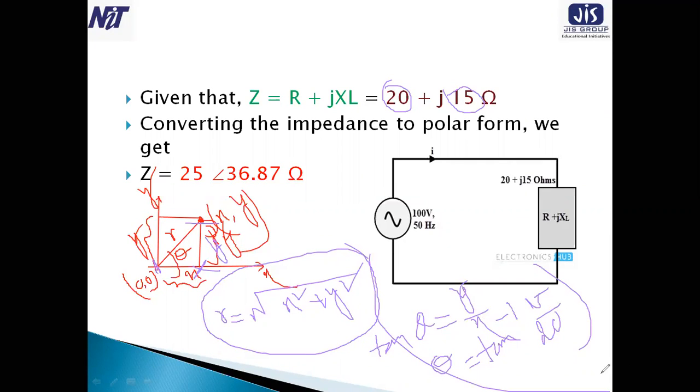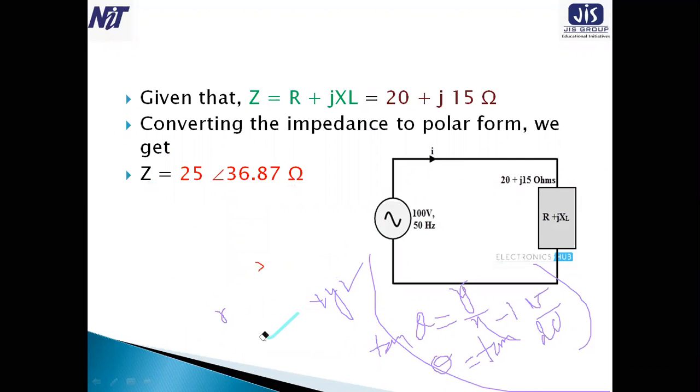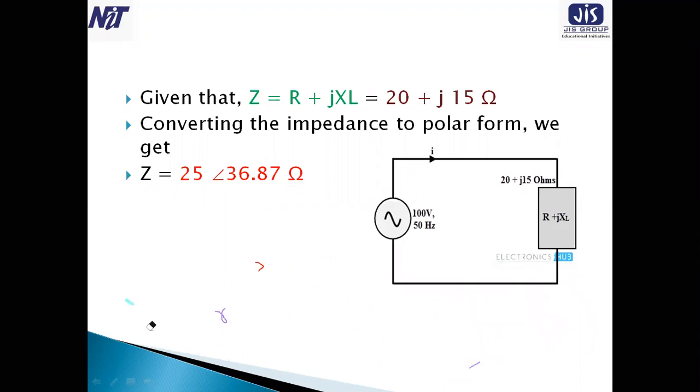In this way, we can find the value in polar form, z equals r angle theta. So this is the method of conversion from x plus jy to z equals r angle theta form. Here we use this very simple formula, and using the formula we calculate the value of Z.